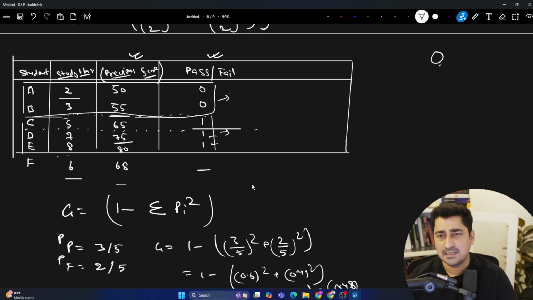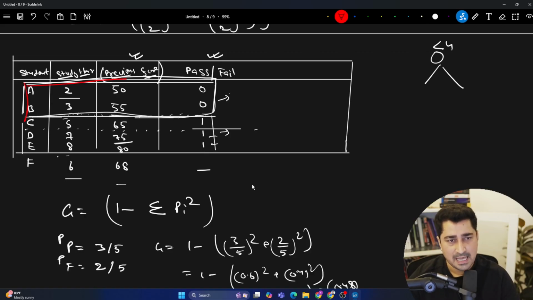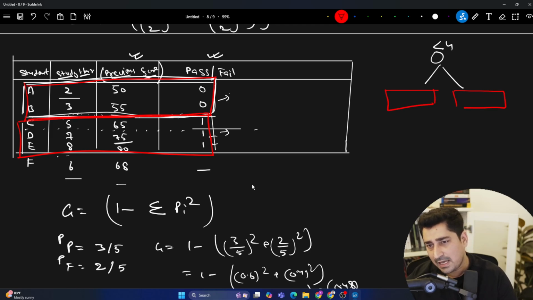We can say that there is a tree, and here, lesser than 4 will come on this side and greater than 4 will come on this side. So now we have this data on one side, and we have this data on the other side, right? Okay, fine.